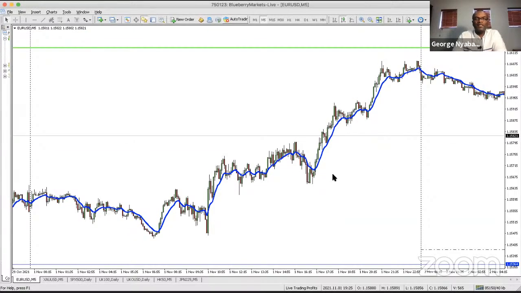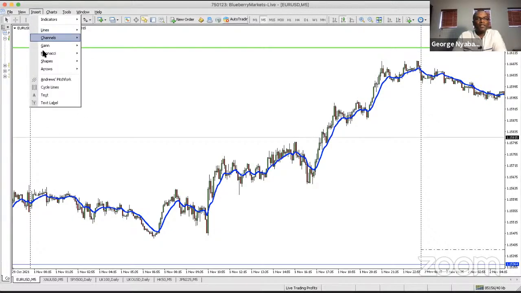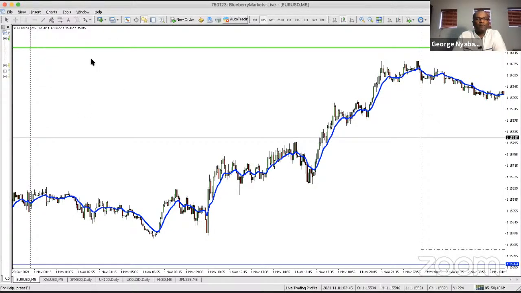Now, this particular day is quite interesting, just to talk about when trading range price action kicks in. I do that quite a bit.